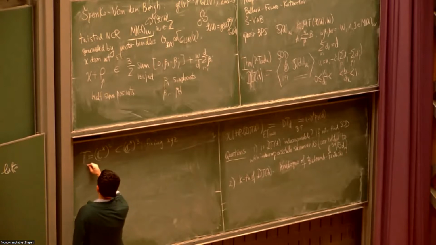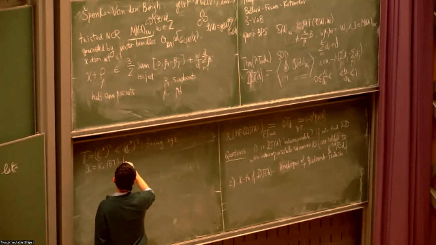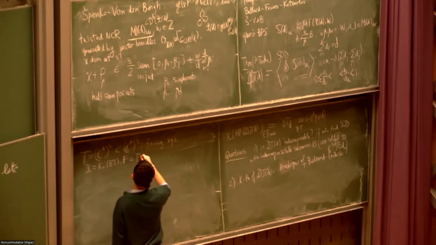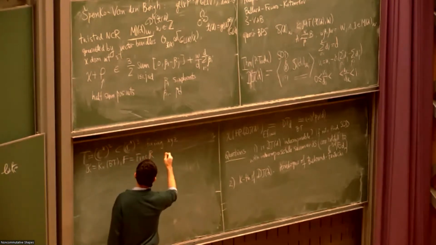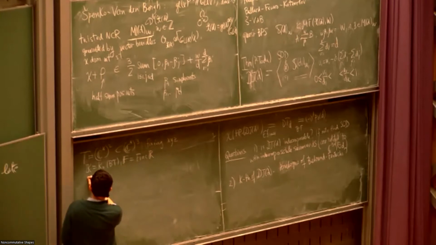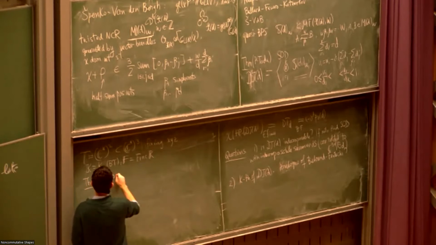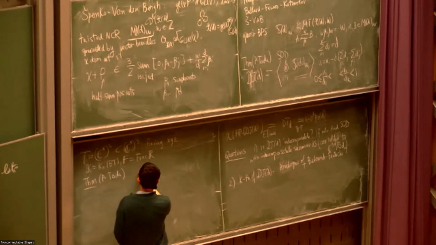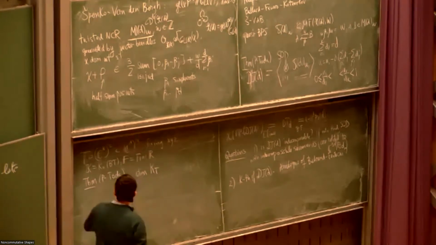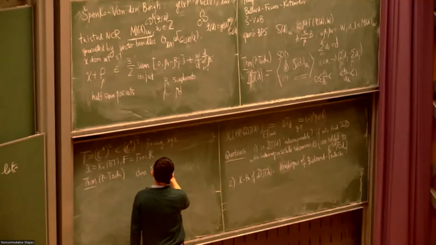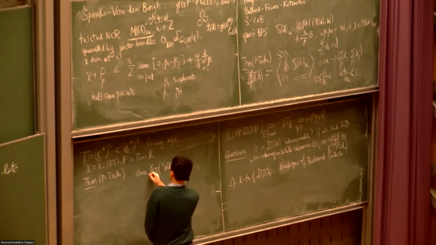And okay, so I'll introduce some notation. So this is K_0(BT), and F is the fraction field. So the simpler problem is to look at the dimensions of the localized T-equivariant K-theory of the quasi-BPS category S(d, w).